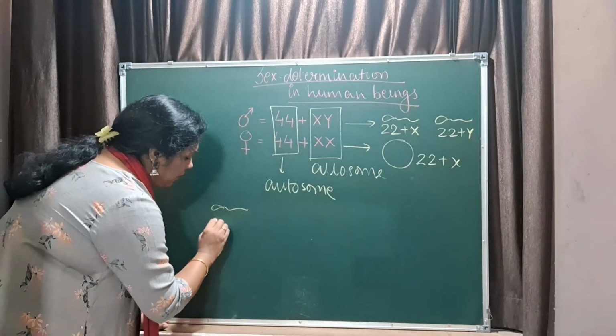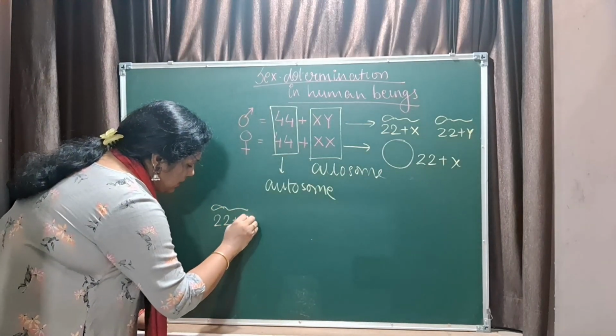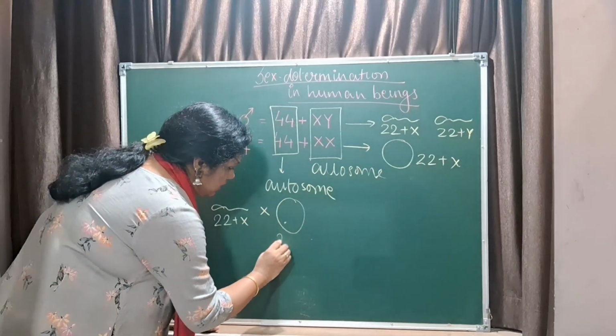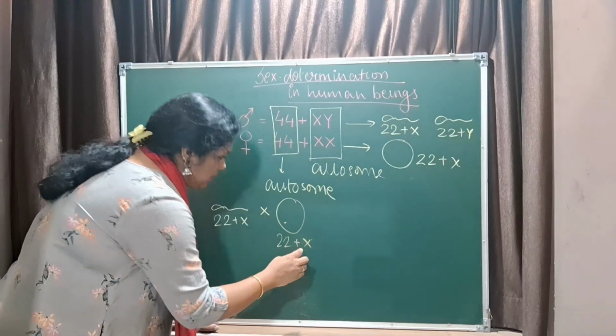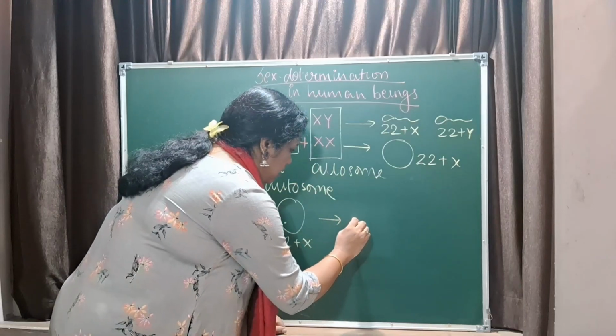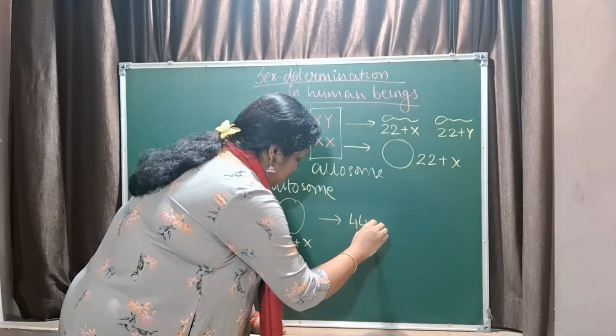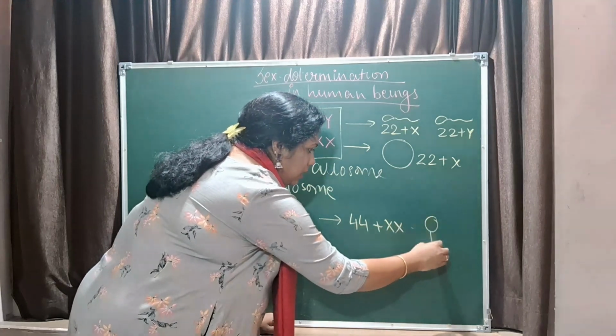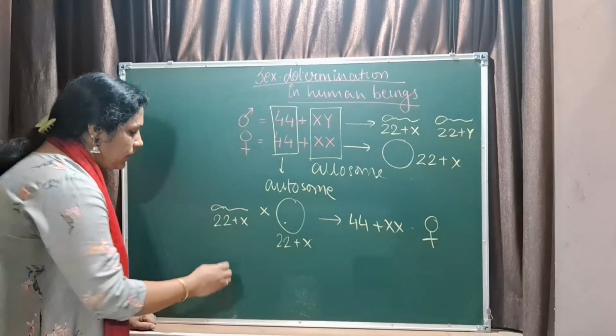If 22 plus X fuses with the egg, that is 22 plus X, you get 44 plus XX, so the girl child is produced.